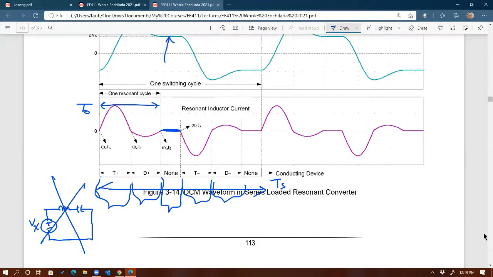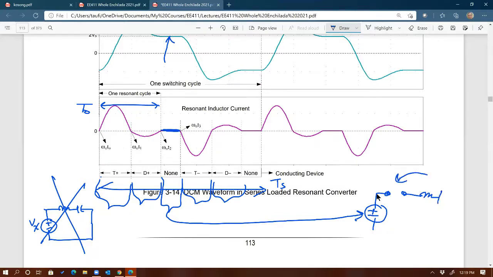So therefore, the circuit during this time when none is conducting is actually going to look something like this, right? Because none is conducting, so it's going to be open, and then you have this LC still, and then the output is shorted by the rectifiers.